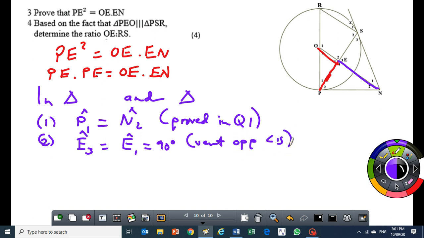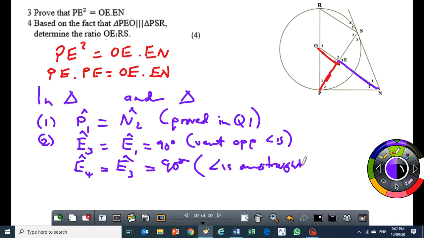Also, E4 is equal to E3. What's the reason for that? Here you can say sum of angles in a what? In a triangle. Sorry, angles on a straight line. Please, these are not the only reasons. You can write it based on your understanding.